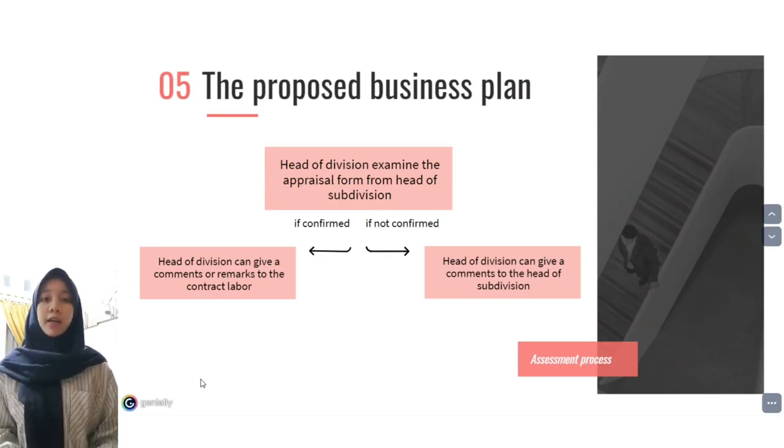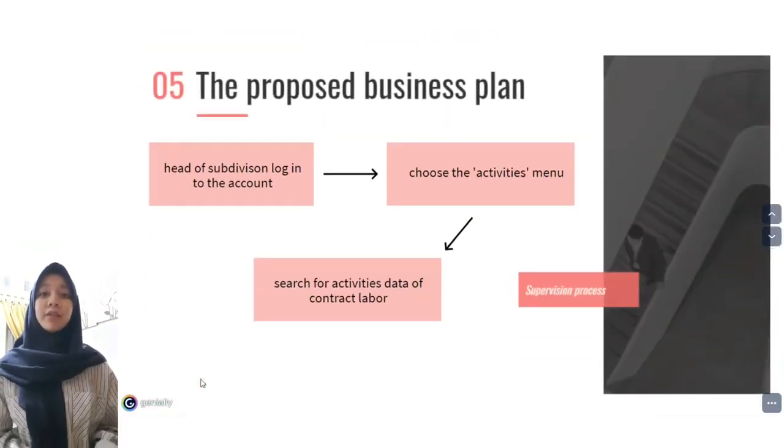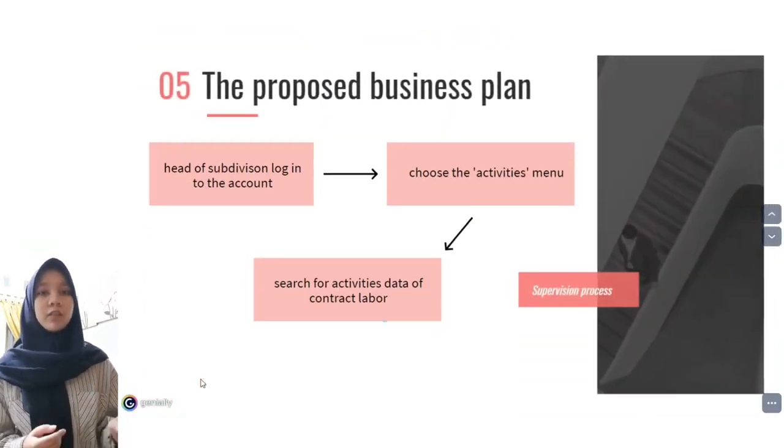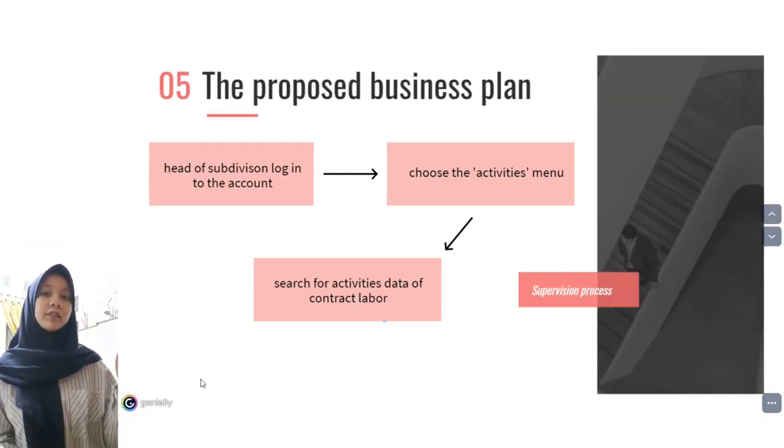If the head of division has received the appraisal form, they can examine and confirm it or not confirm it. If it is confirmed, then the head of division can give a message, comments, or remarks to the contract employees. But if it is not confirmed, the head of division can give comments to the head of subdivision.